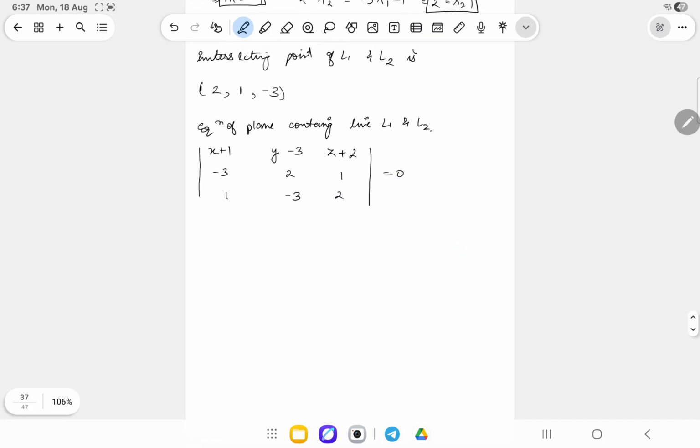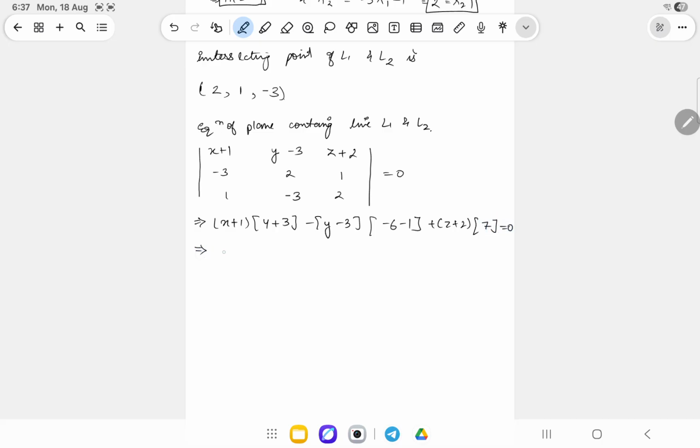So if we simplify this, we'll get x plus 1 into 4 plus 3 minus y minus 3 into minus 6 minus 1 plus z plus 2 into 9 minus 2, 7, which equals 0.